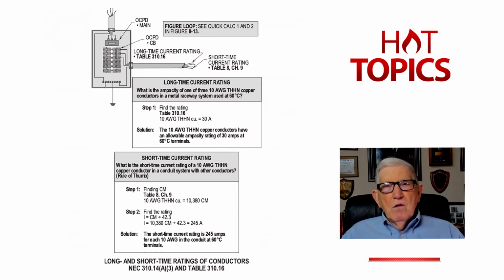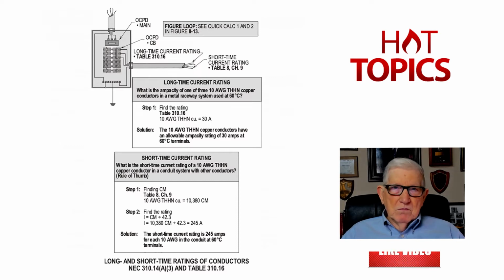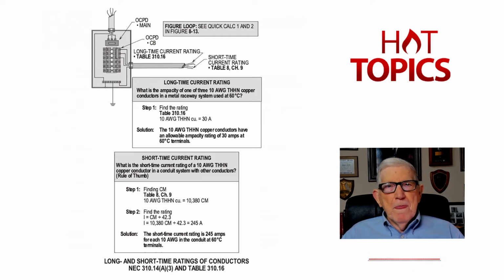Now, we know that if it's a cable, like non-metallic sheath cable, Romex, or rope you might call it, depending on the part of the country that you're from, notice that 334.80 basically states that all cables are 60 C ampacities unless otherwise stated on the cable. Like service entrance cable, for example, 75 C.